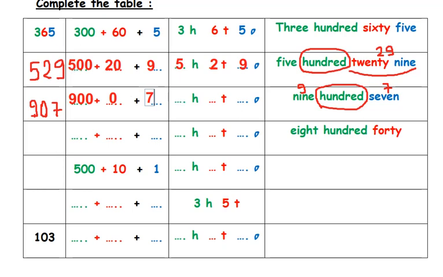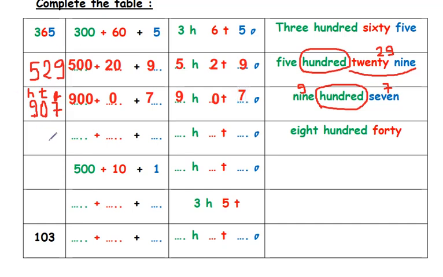Look, if you don't know, you can write up in here ones, tens, and H. So what's the digit of hundreds? It's 9. Great. And the digit of tens, it's 0. I have no tens. And the ones, it's 7. Excellent. Now let's move on to the next one.